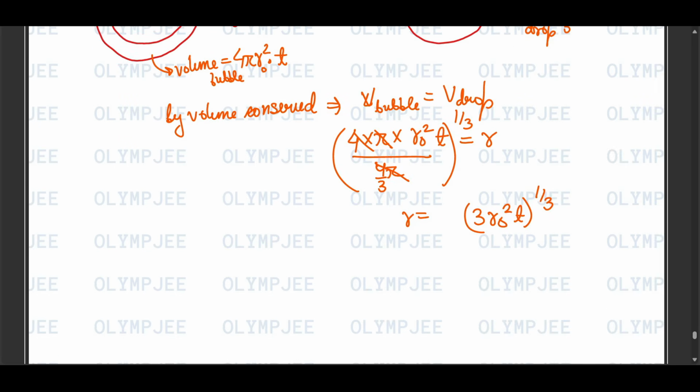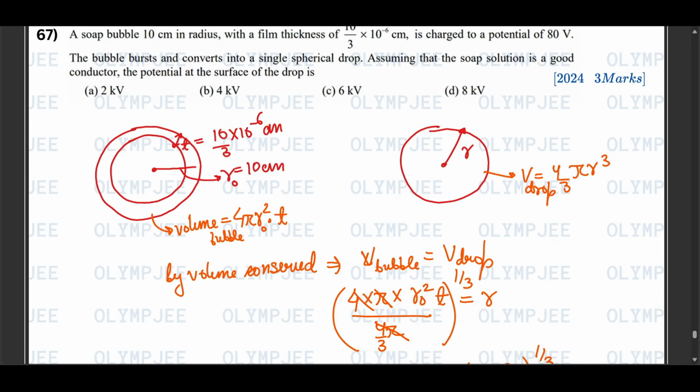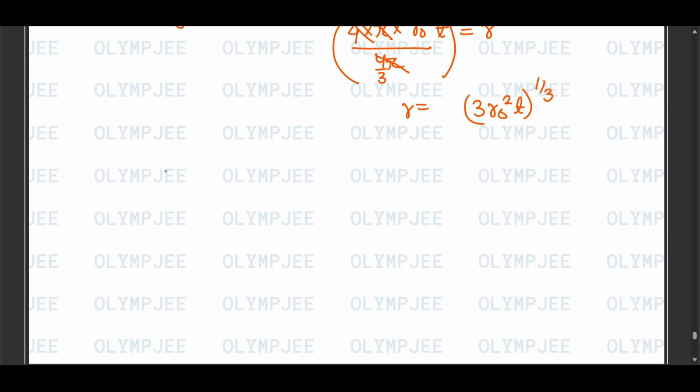So now we need to find the potential at the surface of the drop, which is kq by r, right?